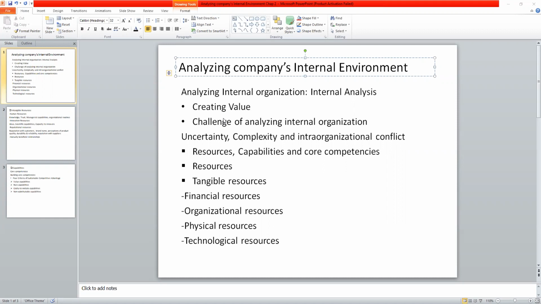So value is created by a product's low cost or by its highly differentiated features, or a combination of low cost as well as high differentiation as compared to its competitors' offerings. Now, a business level strategy is more effective when the company exploits its core competencies and competitive advantages. If the company does not think of using its core competencies, it is a wastage then.